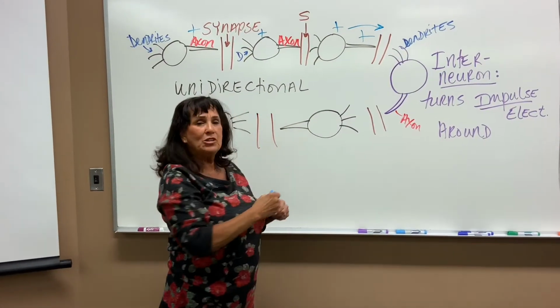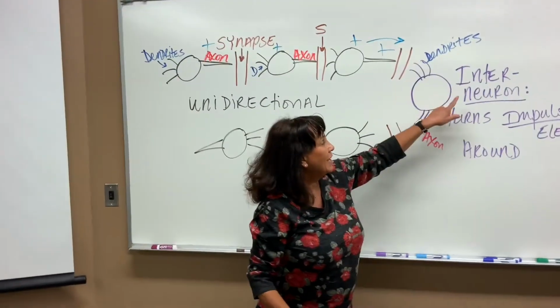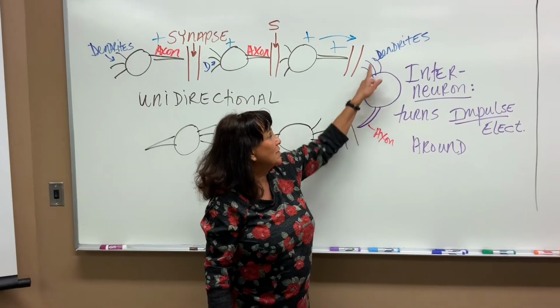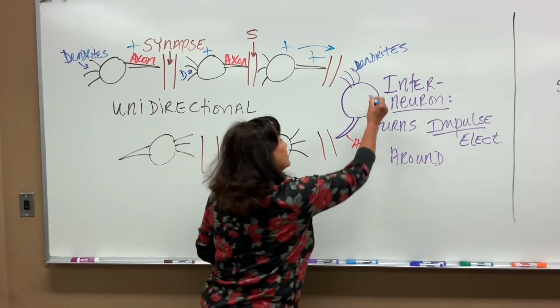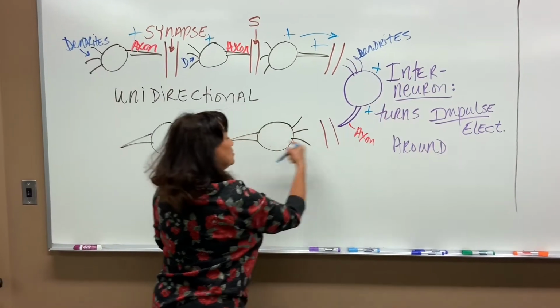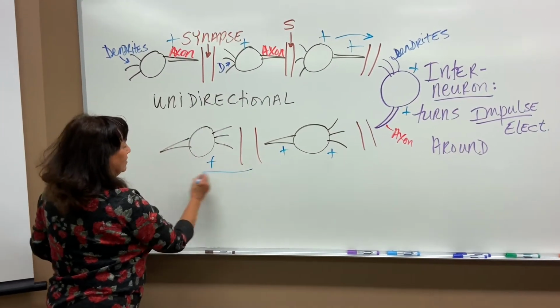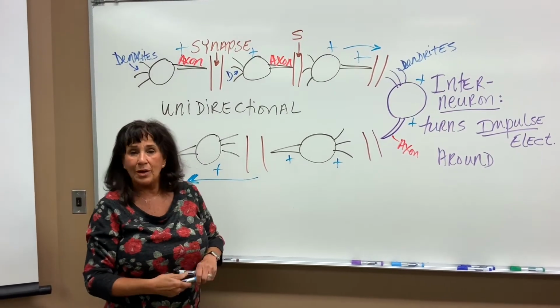And then if you want to turn the electricity around, you have to have what we call an interneuron. An interneuron is the neuron on the corner that will flip the electricity to go the other direction. So here it comes and it'll go back this way. That's what unidirectional means.